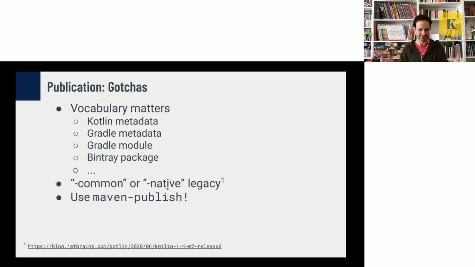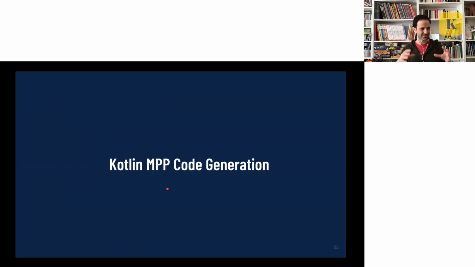So really, there's no excuse not to publish your multi-platform libraries. That was it for publication. Now everything there is available, so you can test the Apollo core, you can test the runtime. And now I will leave the room to Ivan, who will talk a little bit more about code generation and what's coming in the Apollo runtime.